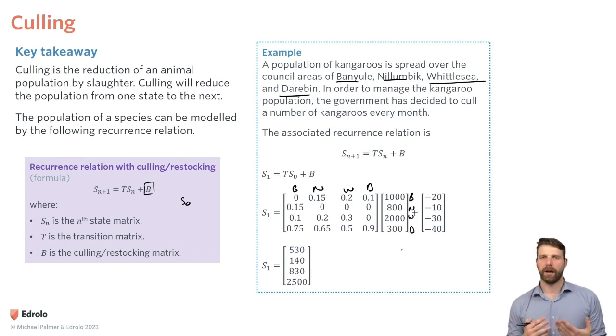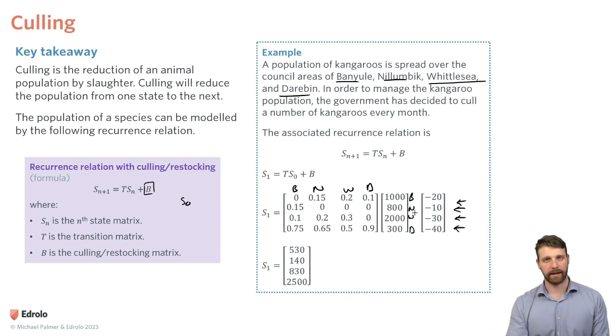So the only new matrix here is this one. We could calculate some matrix and we take a proportion of those. So the kangaroos are sort of moving between those different council areas. But here, after we work out that transition, we remove a section of the population. So that would mean that we remove 20 kangaroos from Banyule, 10 kangaroos from Nillumbik, 30 from Whittlesea, and 40 from Darebin.